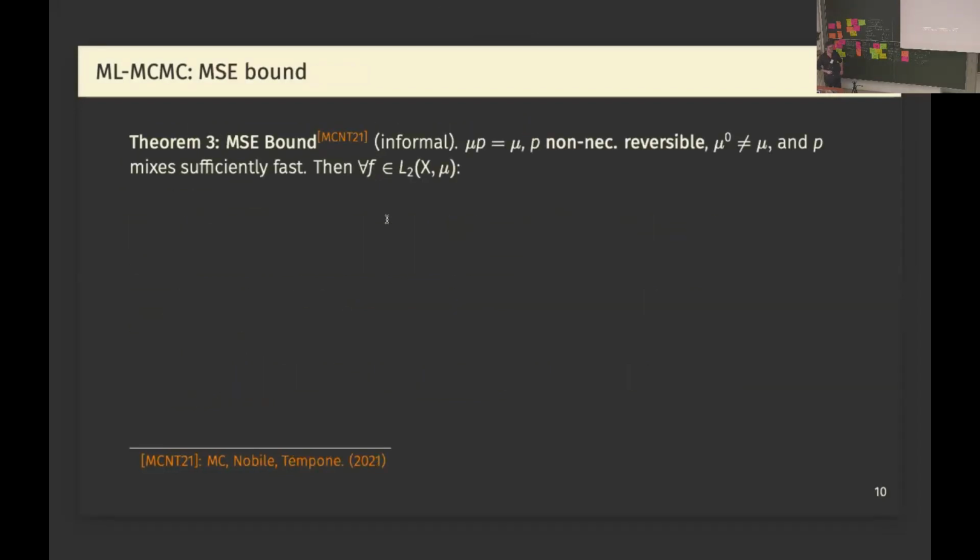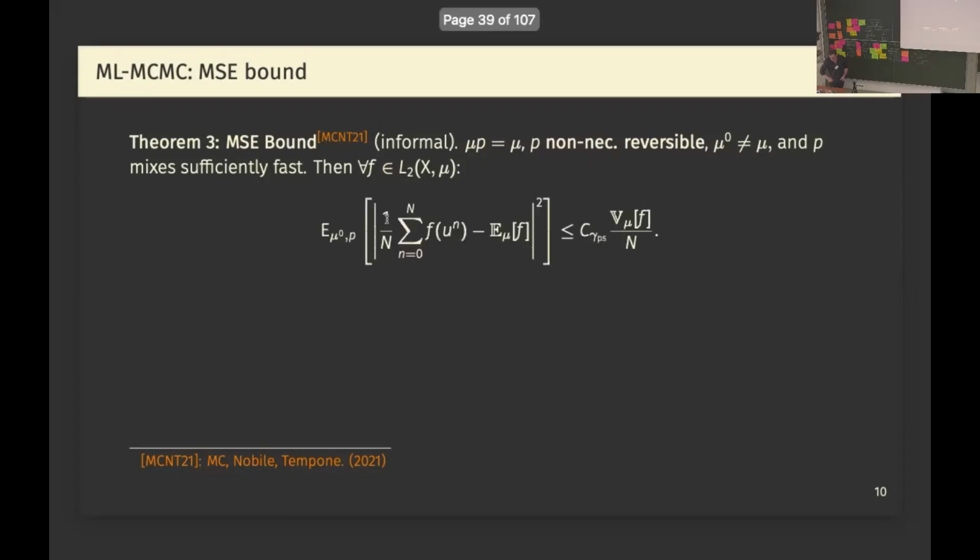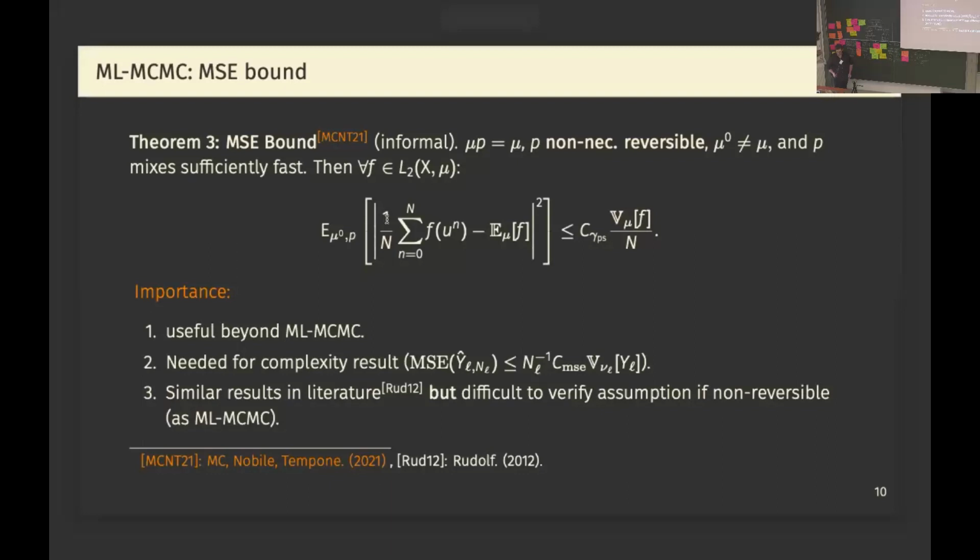Now, another result that we got, which is not only applicable to the multi-level MCMC context, was that if one has a mu-invariant Markov transition kernel P that is not necessarily reversible, and the chain is mixing sufficiently fast, in a very informal way, then one can indeed bound the non-asymptotic mean square error of an estimator F in terms of its variance, where this constant depends on how fast the chain is mixing.